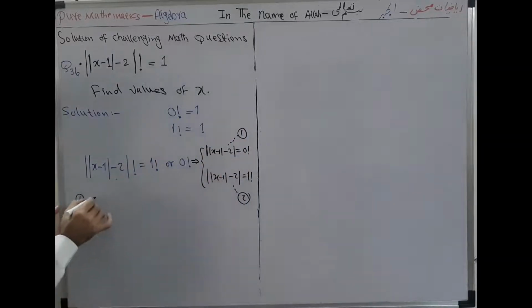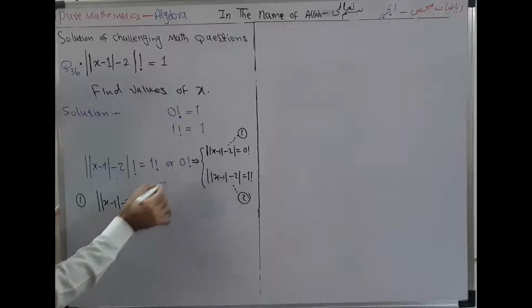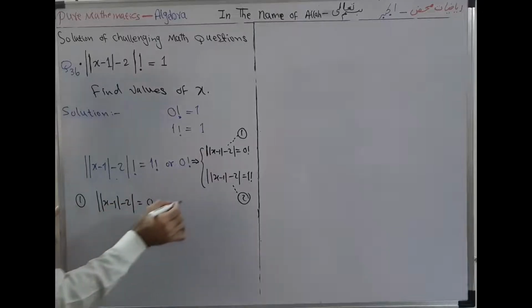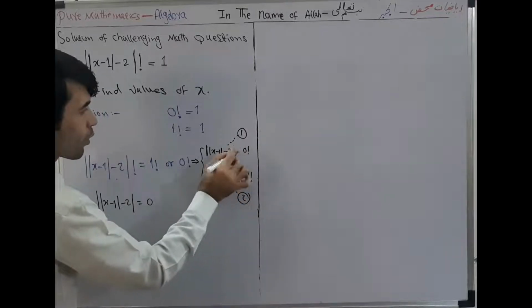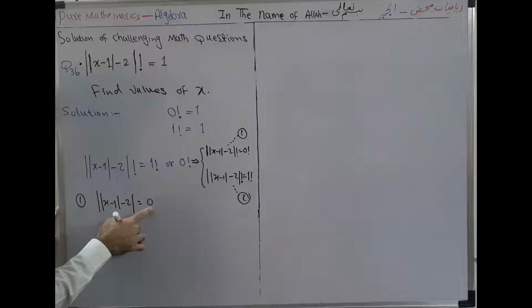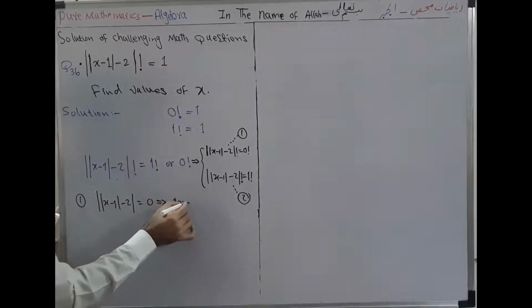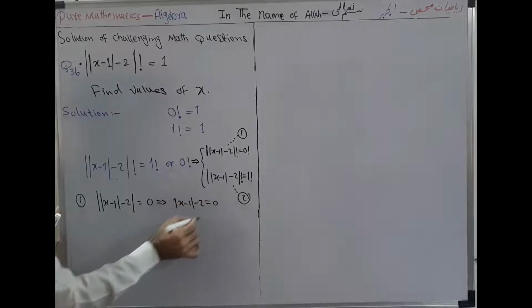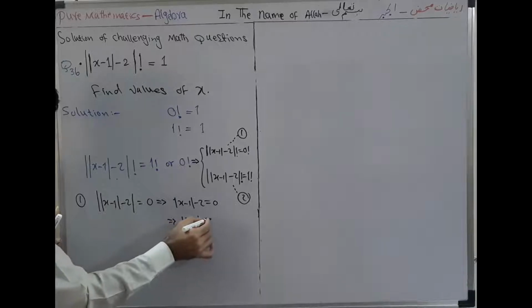From equation 1 we get the absolute value of x minus 1, minus 2, is equal to 0. This implies the absolute value of x minus 1 is equal to 2.